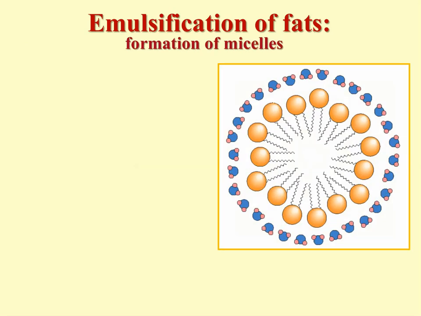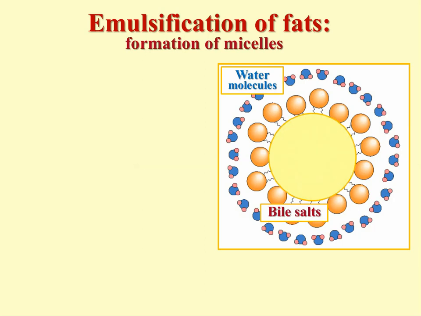Emulsification of fats, how it occurs. Emulsification of fats requires enough molecules of the bile salts because their number must be very high. First, look, bile salts are submerged with their hydrophobic tails into the fat droplet, and hydrophilic polar heads are outside.